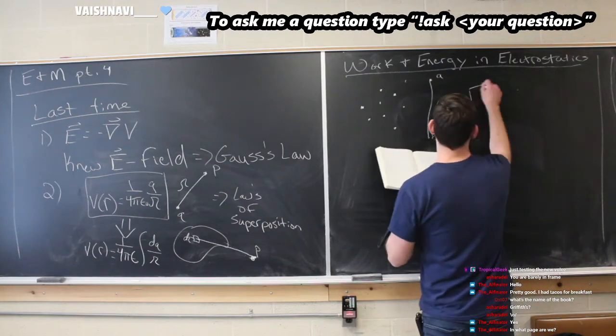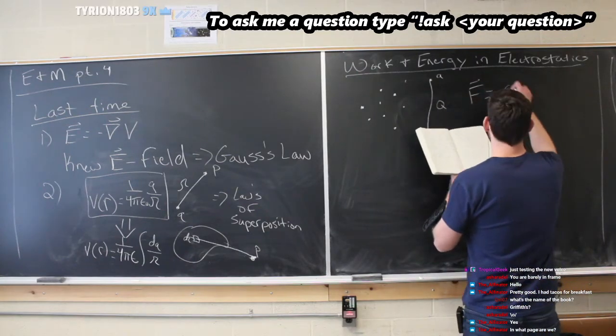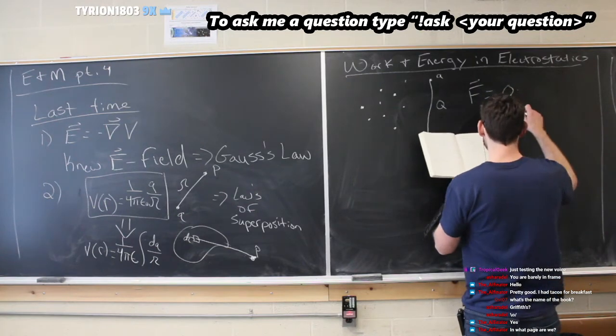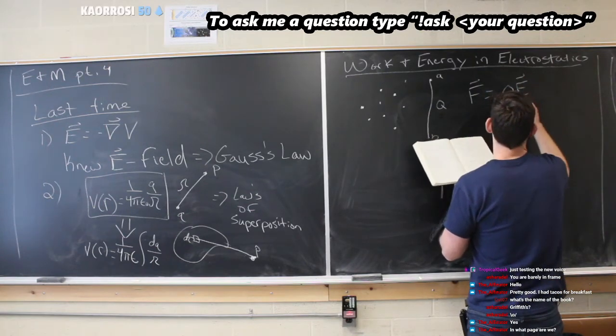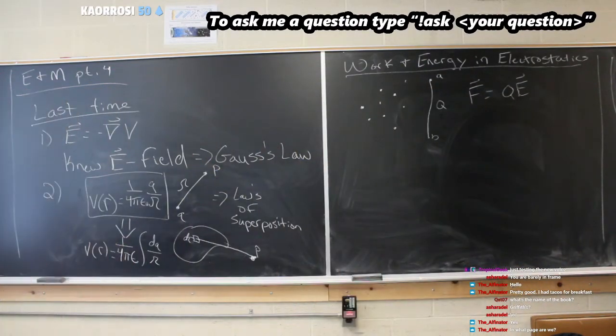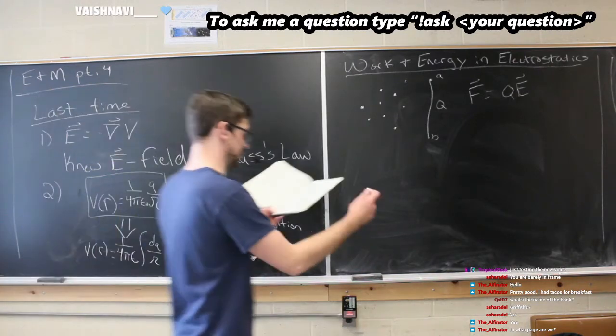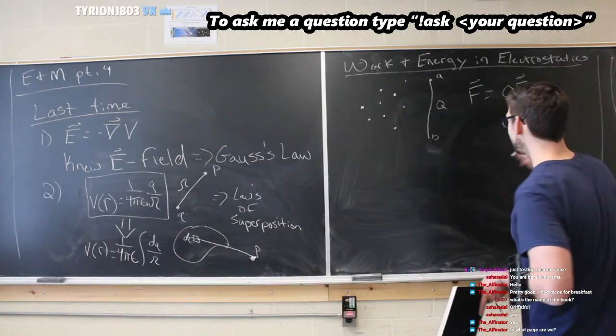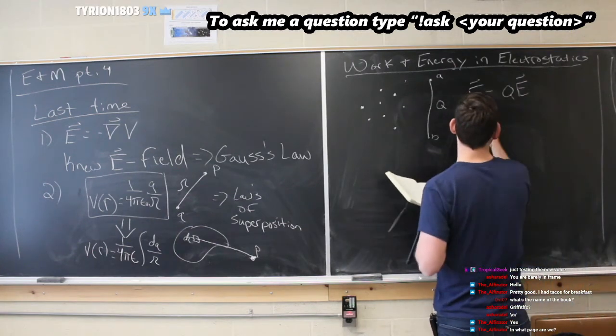But you can generalize it: the total force is equal to the charge of this particle, which we'll say Q, times the total electric field, from each individual contribution. This is what we did the first week.